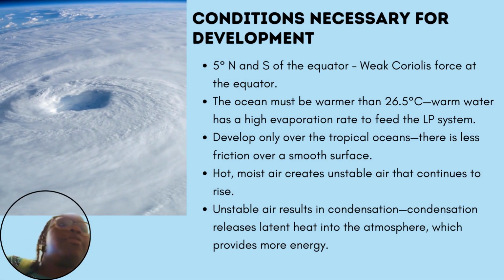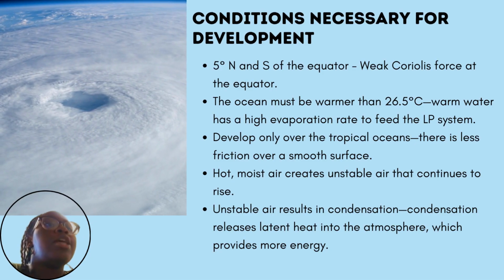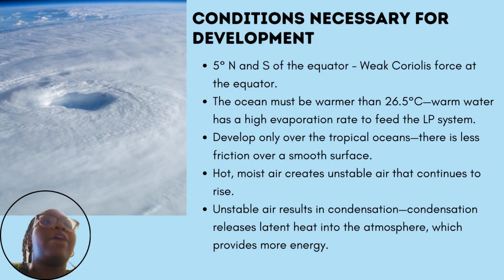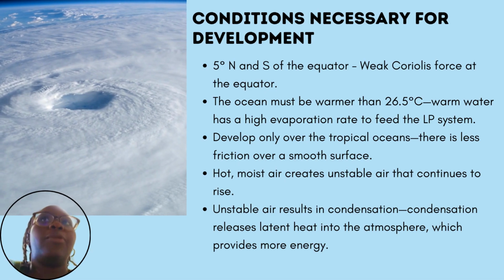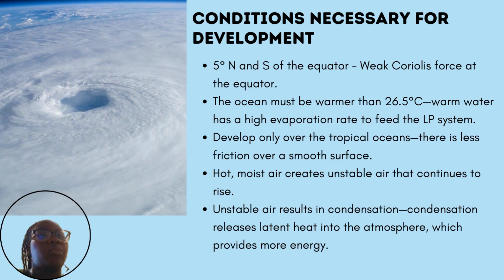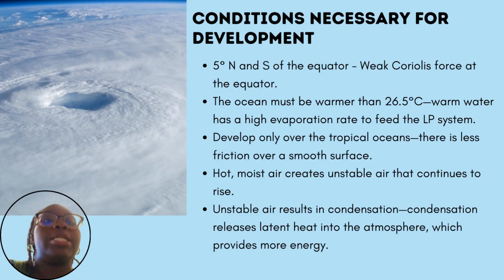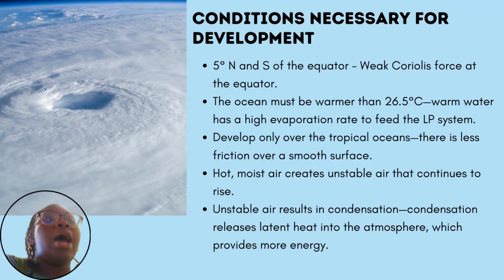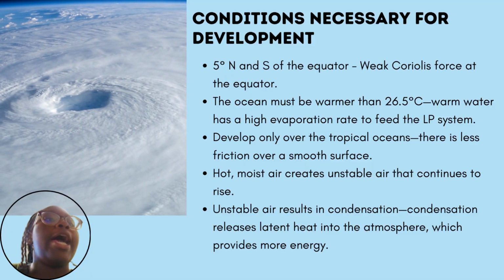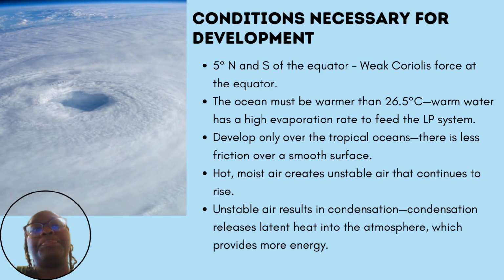So what are some of the conditions necessary for the development of a tropical cyclone? So the first thing is we need it to be 5 degrees north and south of the equator, as I mentioned earlier, and this is because of the weak Coriolis force at work at the equator. And then we need the ocean to be warmer than 26.5 degrees Celsius. This is because the warm water has a high evaporation rate that therefore feeds the low pressure system.